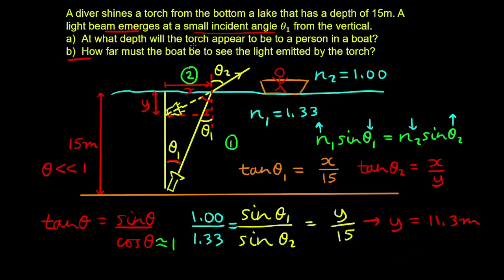Now how far can the boat be to see the light emitted from the torch? Well, recall that total internal reflection occurs at some critical incident angle from the normal. So at this angle, all the light will be refracted along the surface.